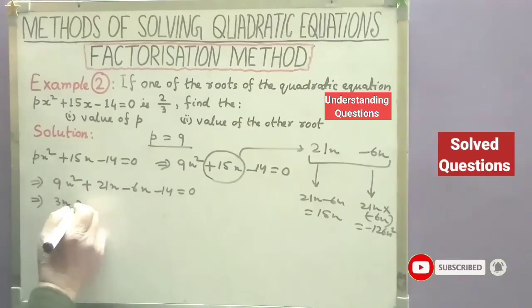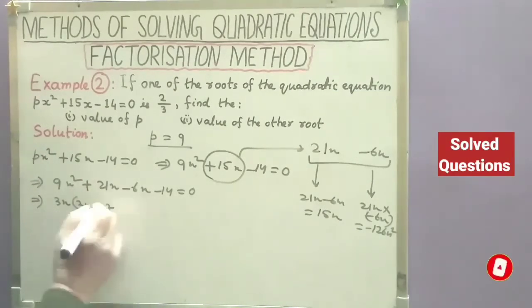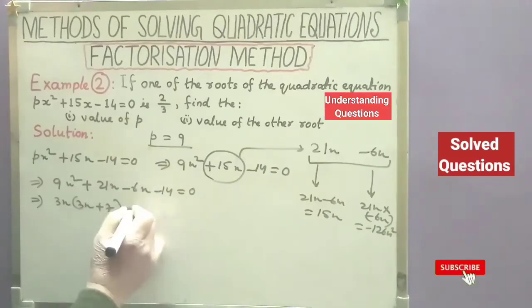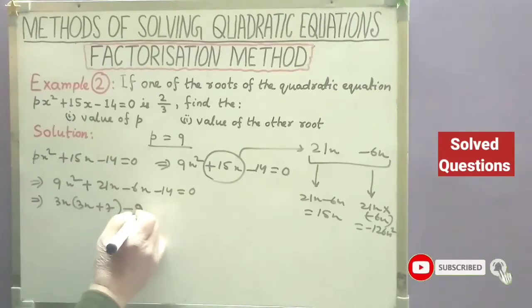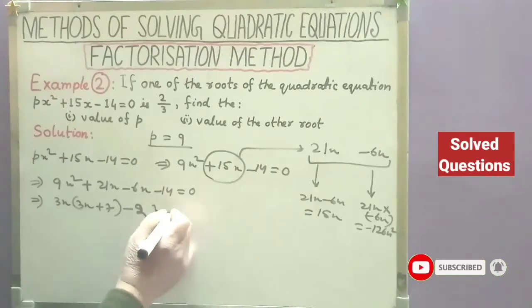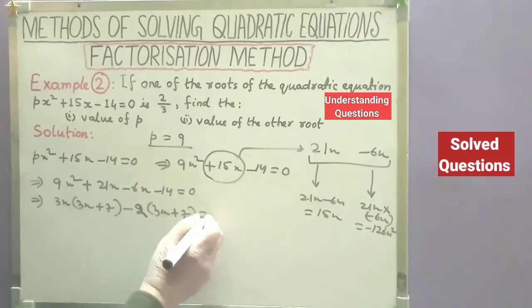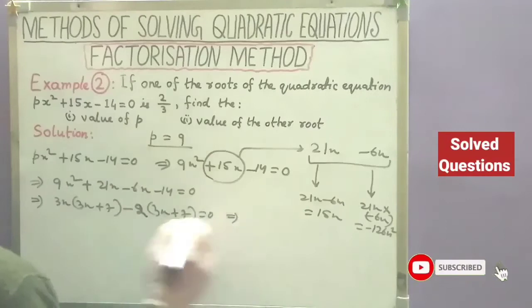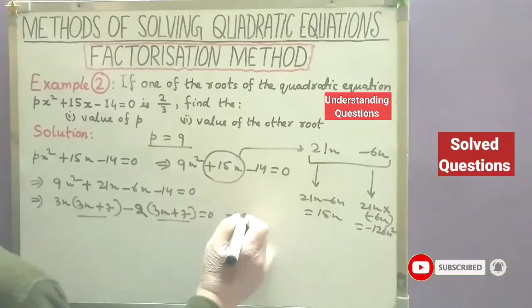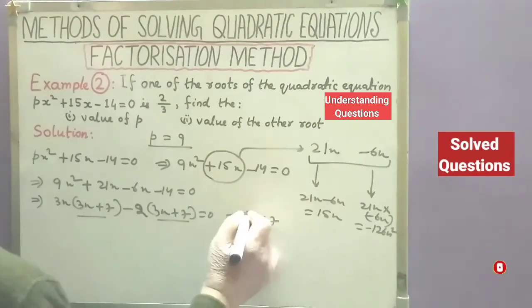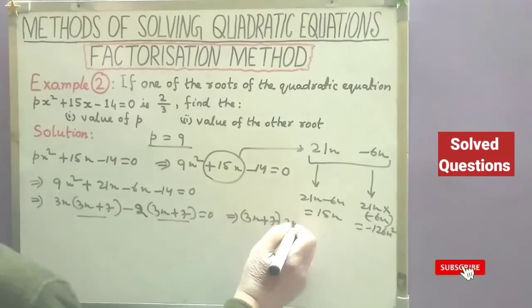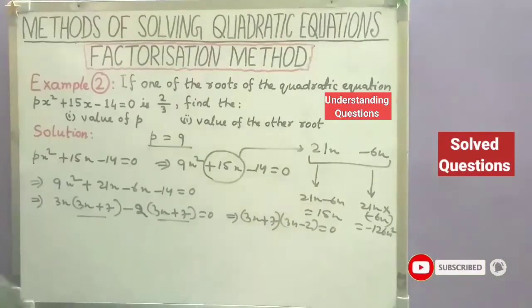That implies that 3x whole into 3x plus 7 minus 2 whole into 3x plus 7 equal to 0. Now taking 3x plus 7 as common, we have 3x plus 7 whole into 3x minus 2 equal to 0.